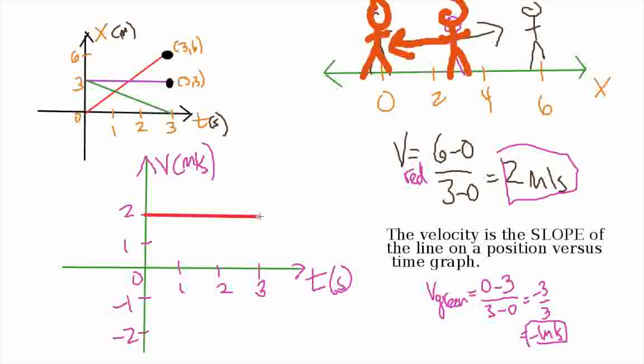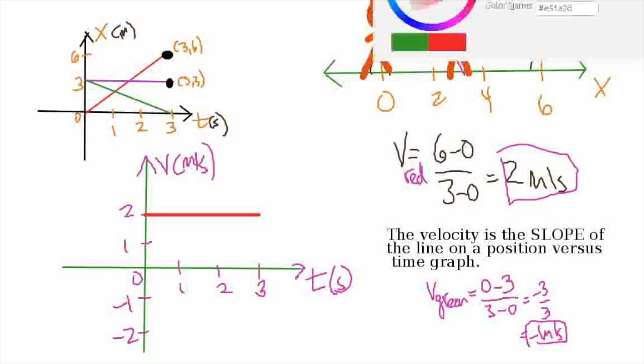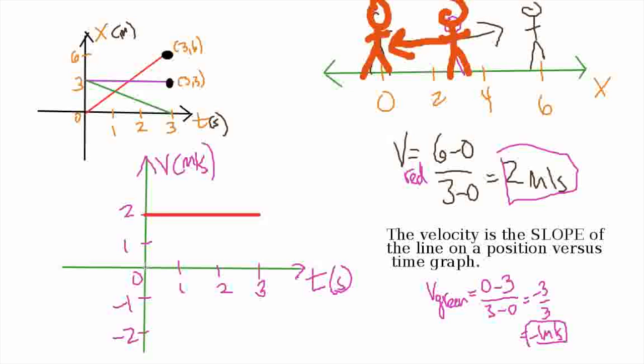Because a horizontal line keeps the vertical value, the velocity, constant. The variable associated with the vertical axis has a constant value. And then the purple, we said, had a velocity of 0, zip, so we'll do 0 for 3 seconds, so that purple line will rest on the horizontal axis, like that.